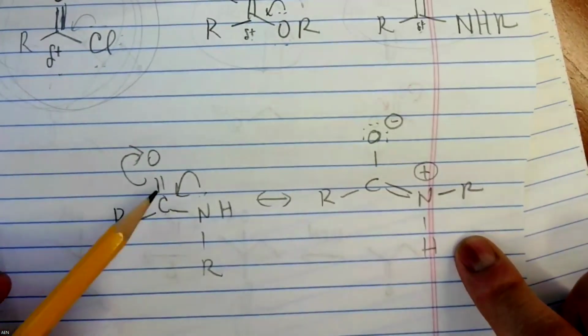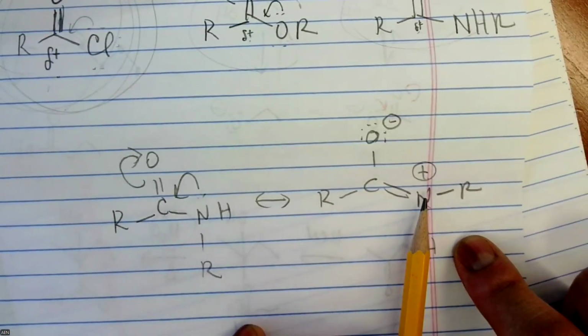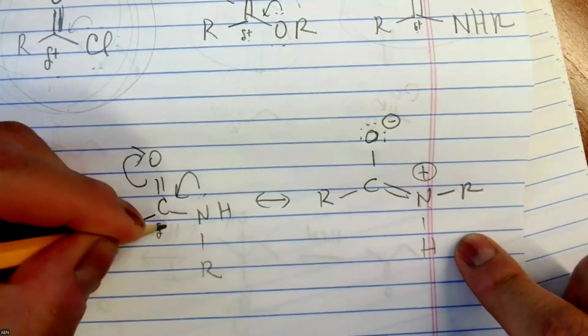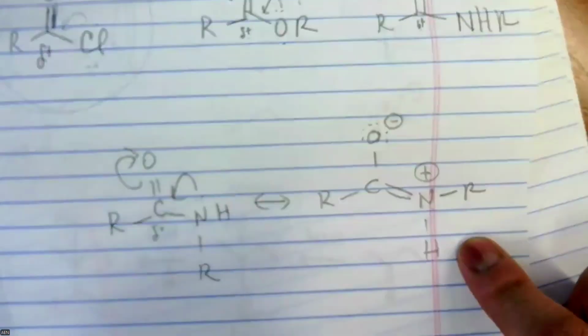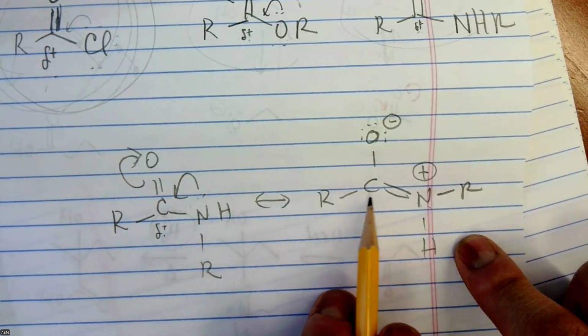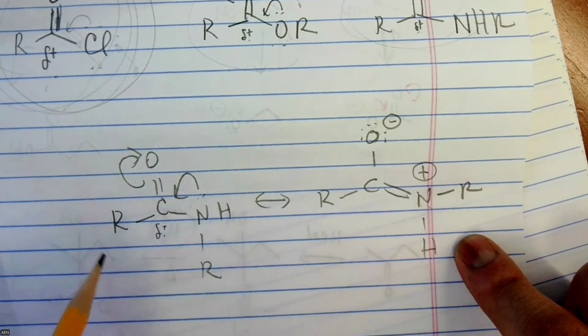The nitrogen kind of shares the delta plus character of the carbon. So here you have a delta plus, and by the resonance, the nitrogen takes some of that stress from the carbon. So the carbon is not a delta plus; now it becomes more neutral. It's C=O.